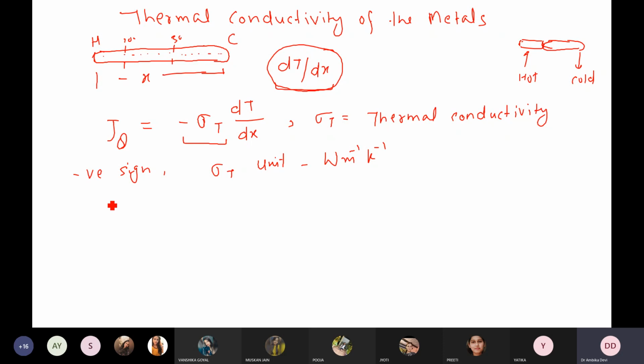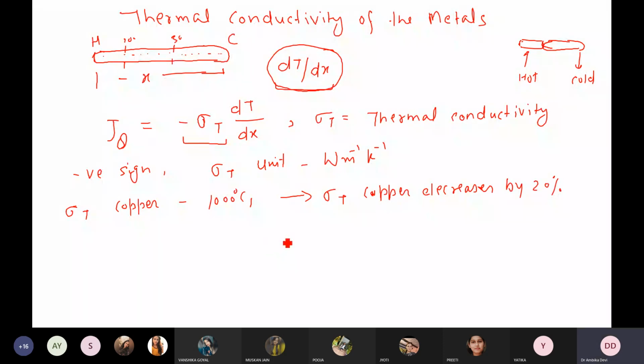One important thing that you should note is that thermal conductivity decreases slightly with increasing temperature. For example, sigma_T for copper, if you raise the temperature up to 1000 degrees centigrade, then in this range the conductivity of copper decreases by 20%.